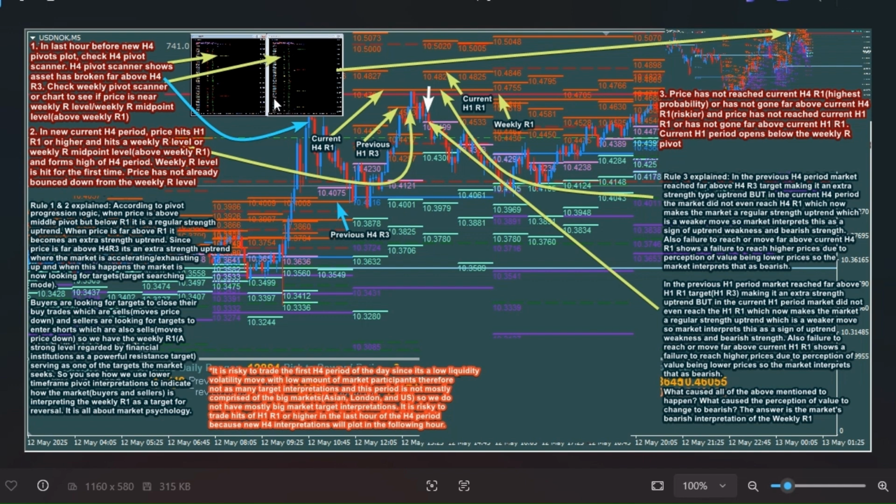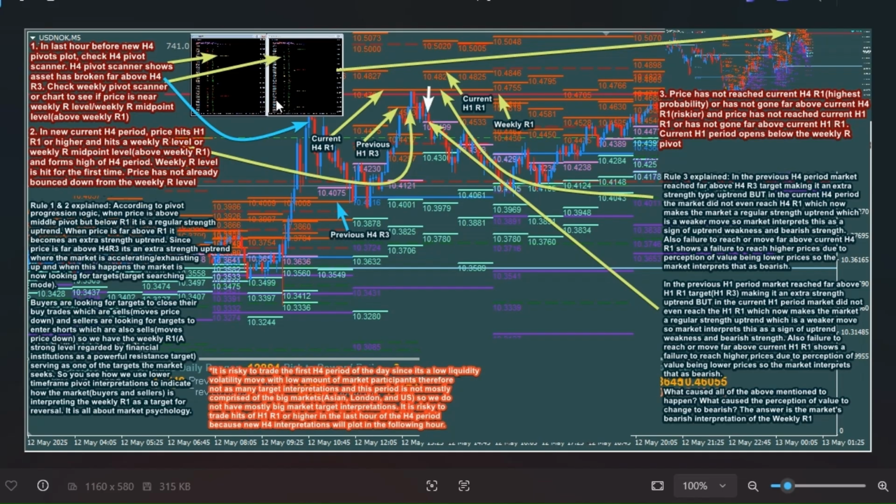And when USD NOK is near a particular weekly pivot, in the space across USD NOK in the weekly pivot column, the weekly pivot scanner will populate that particular pivot. So in this case, USD NOK was near the weekly R1, so the scanner will populate R1.